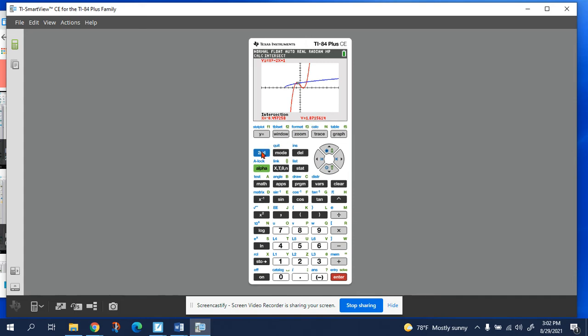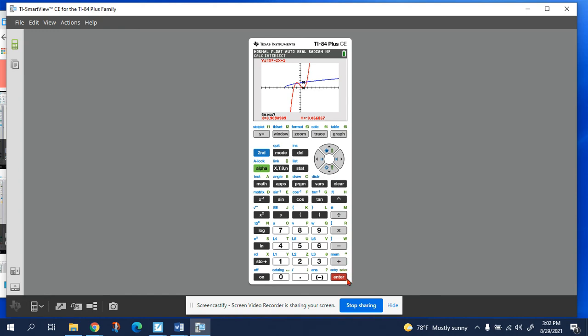And for this particular graph, you'd have to do it again. Oh, let's go back to our graph. Yes, I think that was right. Second, calculate, intersect, but this time move your blinker farther to the right so it's closest to this third intersection. First graph, press enter for yes. Second graph, enter for yes.